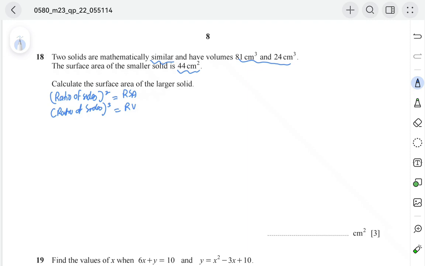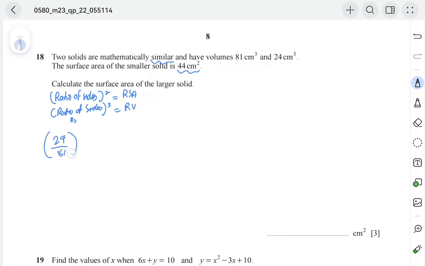We have the two volumes, so we can find the RV and thus the ratio of sides, which we'll call RS. So we can do 24 over 81. It's the same both ways.